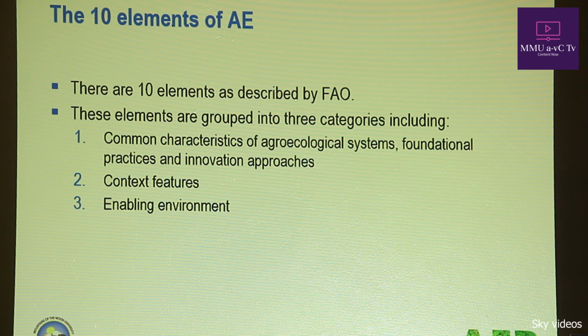And these 10 elements are broadly categorized into the common characteristics of agroecological systems, foundational practices and innovation approaches. That is one category. We have the context features of farming systems, and also other elements belong to the enabling environment category.